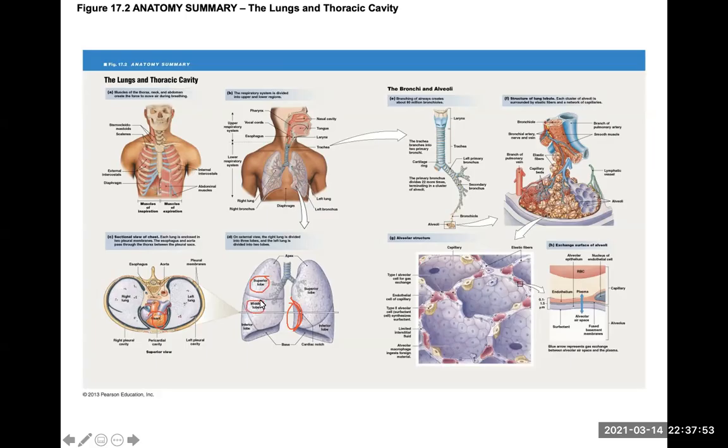The right lung has a superior, middle, and inferior lobe. The left lung just has a superior and an inferior. Because the right has 3 lobes, it has 2 different splits, a transverse and then an oblique, whereas the left one just has the oblique. And that notch is literally called the cardiac notch. So basically, just the notch for the heart.